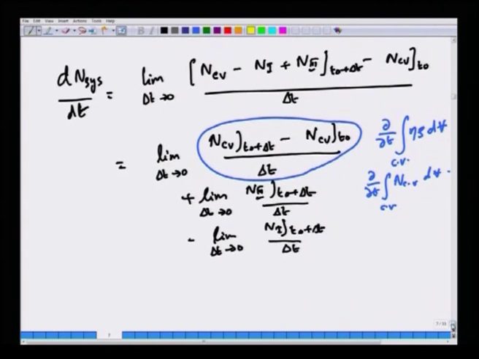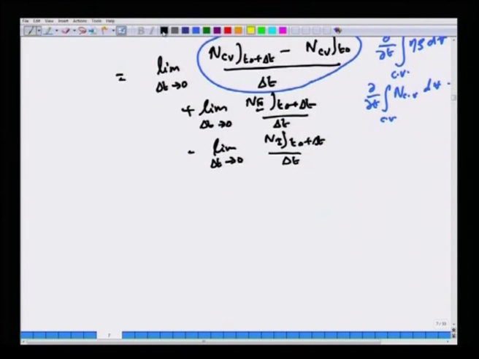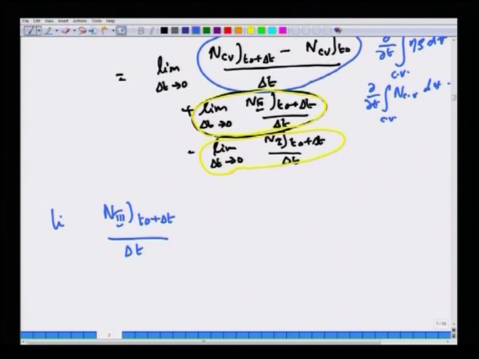In order to do that, we will consider term 2, which is this term, and this is term 3.